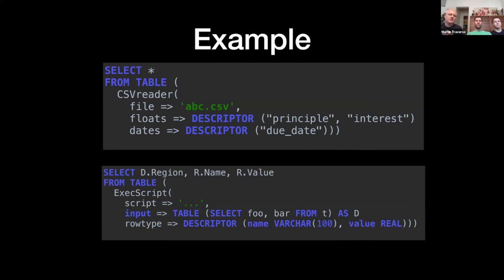And the function would actually go and look at that file, get the names of the columns, and then present back saying, okay, I actually have 5 columns: customer name, principal, interest, due date, and comment or something like that. And it would give the actual types for those. So you can imagine this would be a really powerful way to do something like, oh, I have a function that can read from a Google sheet, and here's the URL to the Google sheet, and it just pulls the data.